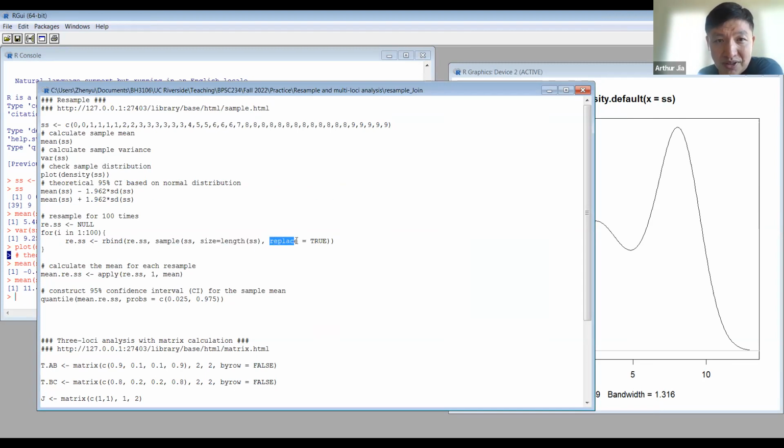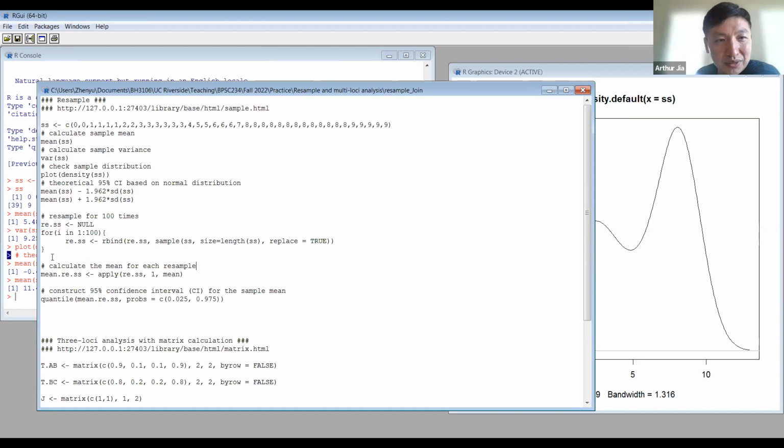But when you sample, you need to make sure the replacement equals true, which means each time you sample something from the original sample, you put it back and do the second resample. So the replacement parameter needs to be set as true.